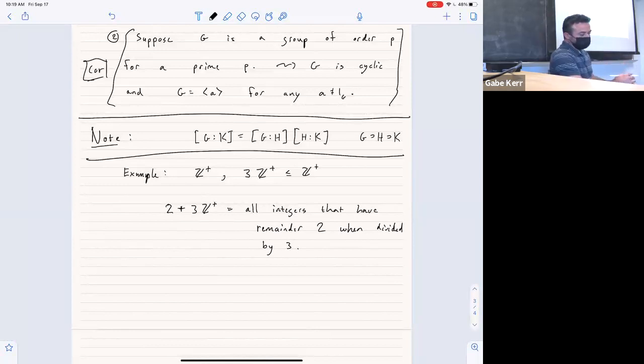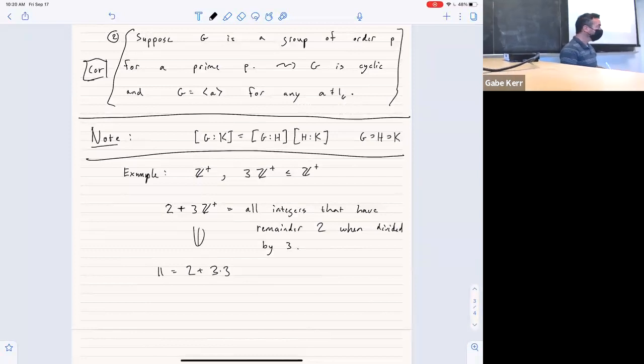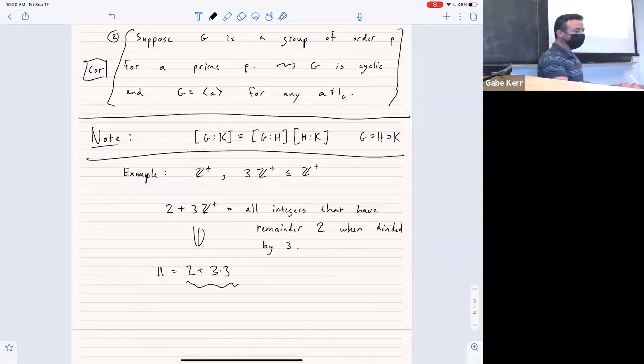Let's say we have 11. 11 divided by 3, I get remainder 2, right? That means 11 is equal to 2 plus 3 times 3. That's an element of here. Of course, you can see that that's true for any integer that has remainder 2 when you divide by 3. It's 2 plus 3 times something.